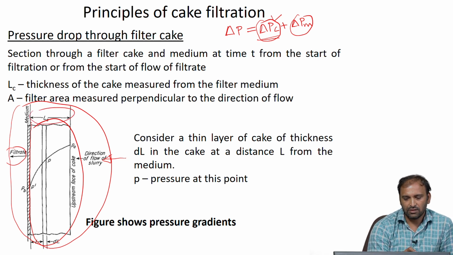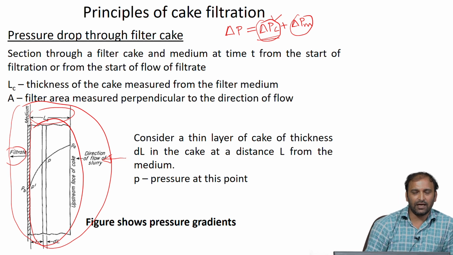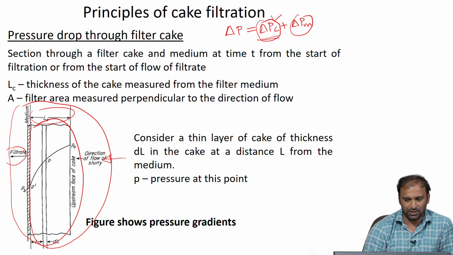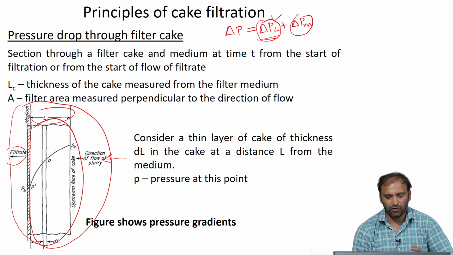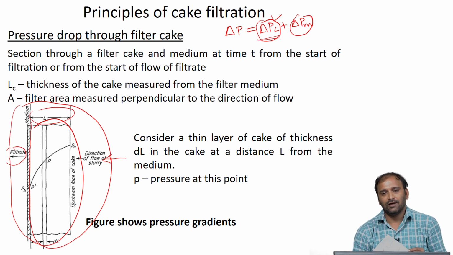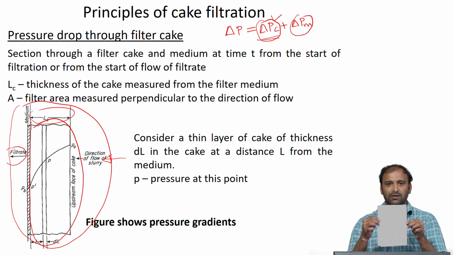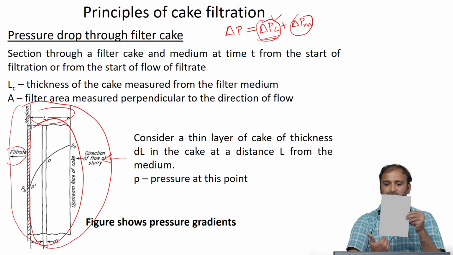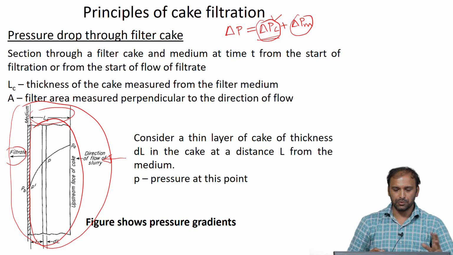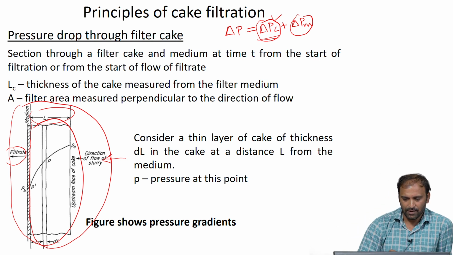LC is the thickness of the filter cake, measured from the filter medium, and A is the area available for filtration. So if this is my filter medium, and the filtrate is flowing in this direction, the cross-sectional area available for the filtrate to flow through is A.